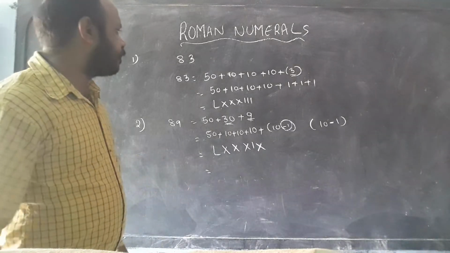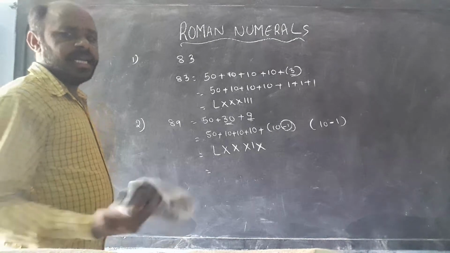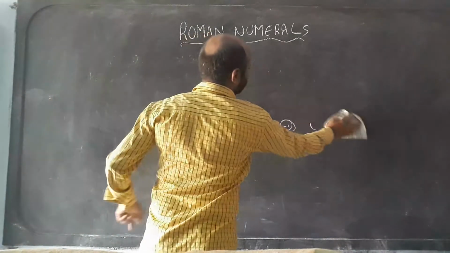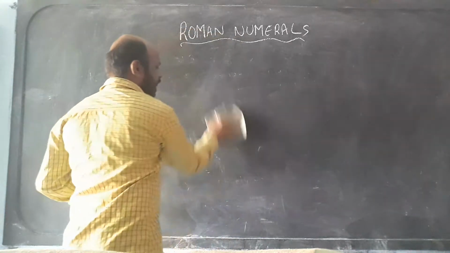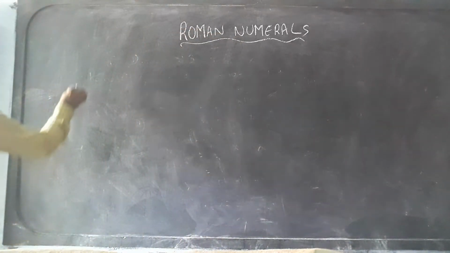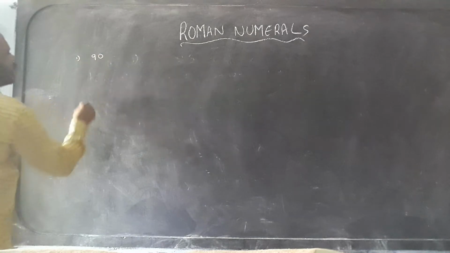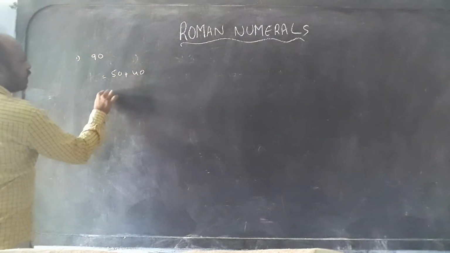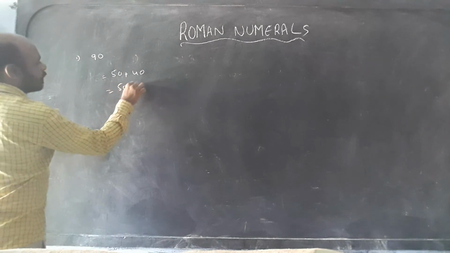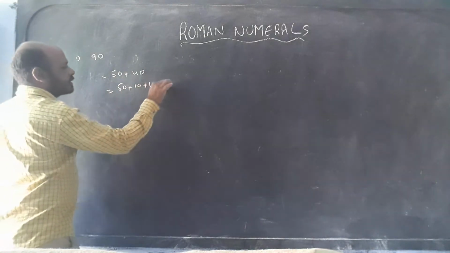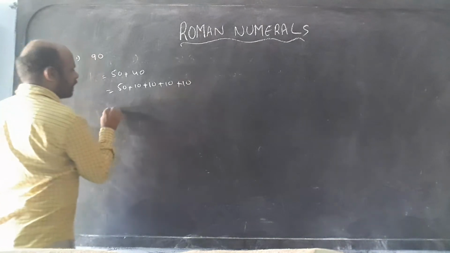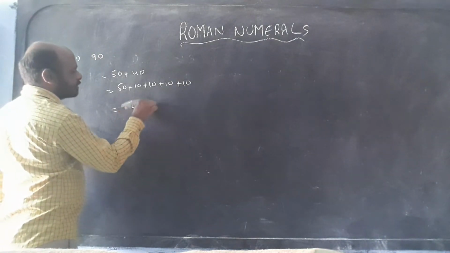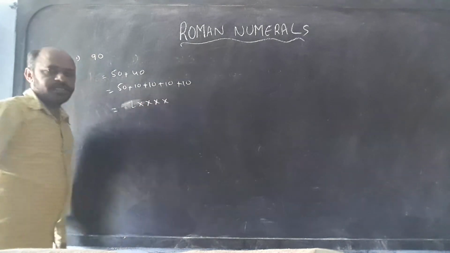The next one, after 89, is 90. See children, the example is 90. How to write 90? 50 plus 40, then 50 plus 10 plus 10 plus 10 plus 10, that is L and XXXX.